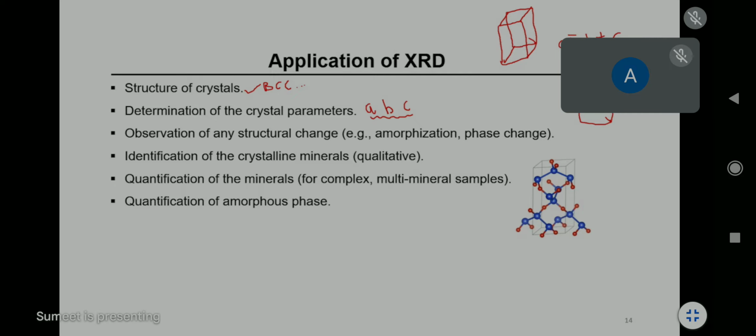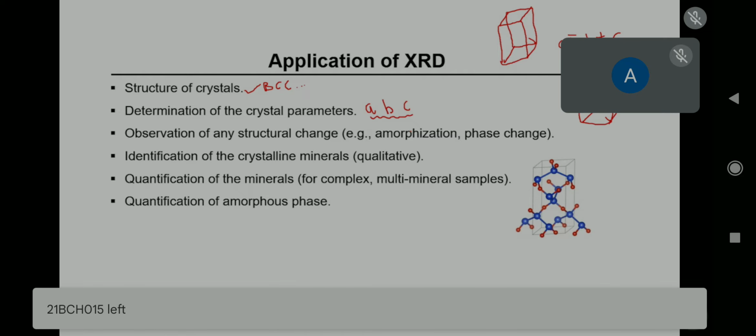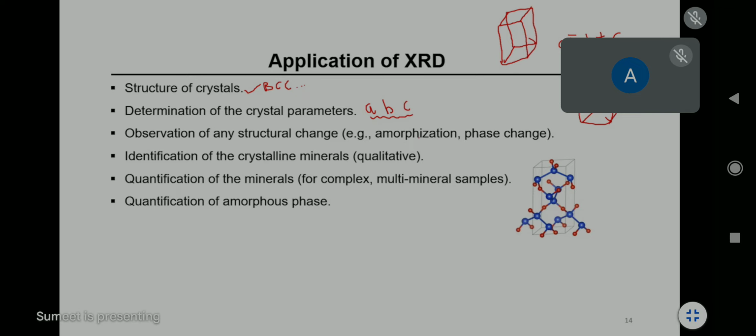So these parameters, the dimensions, the quantitative numbers of A, B or C, can be determined from the XRD. And observation of any crystal change: sometimes if you take the example of SiO2, silicon dioxide, it also exists in amorphous form and also in the crystalline form.